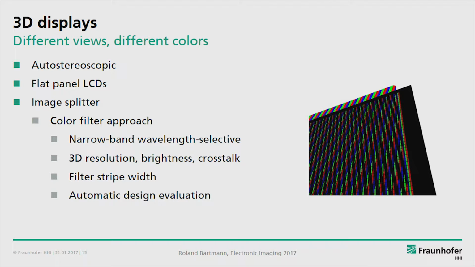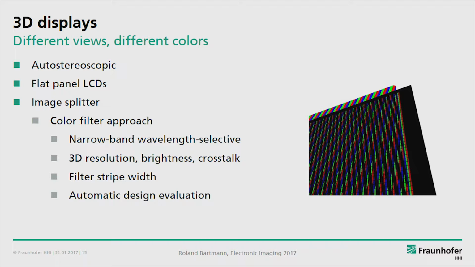So what are the important parameters? If you want to separate the images with color filters, you need narrow band wavelength selective filters to get a good separation for the colors. Here in the right image, you can see this image splitter with the RGB matrix.